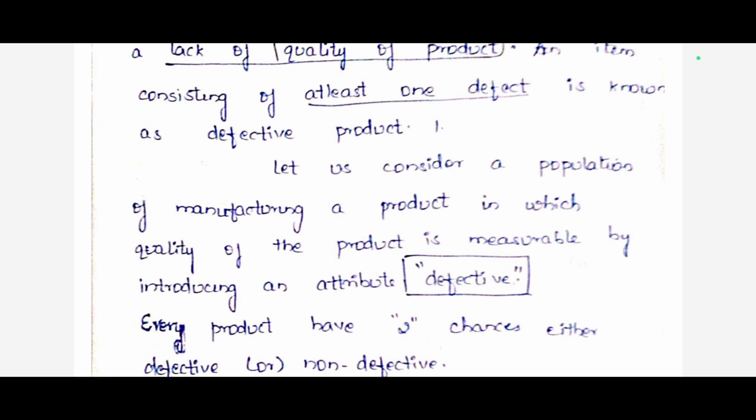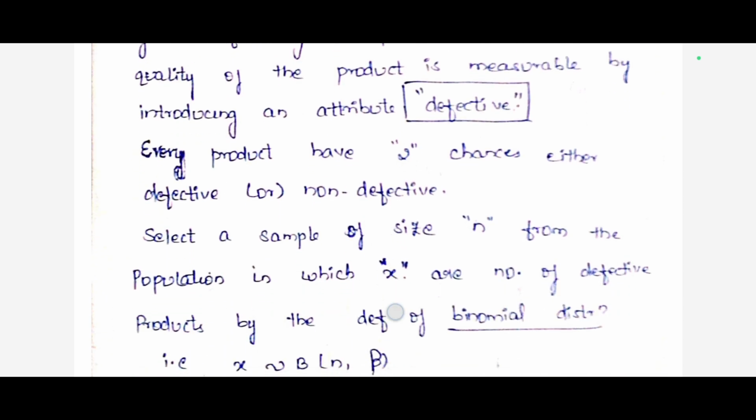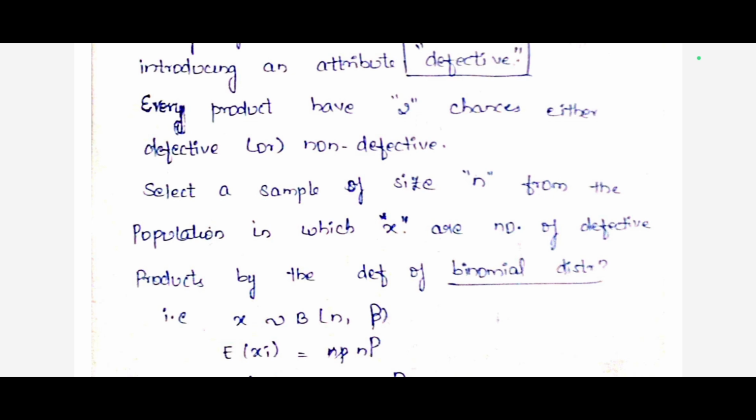So these two are said to be the attributes. Every product has two chances, either defective or non-defective.